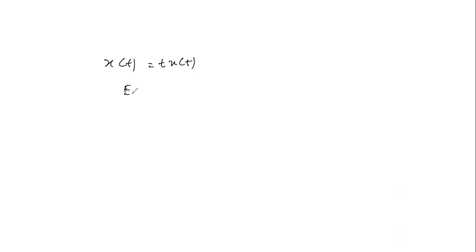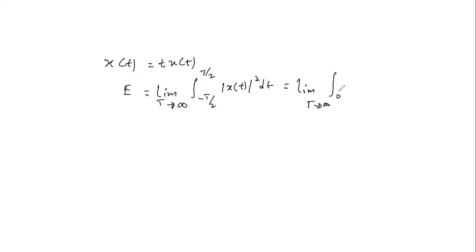Okay, so if we take the limit for the energy for T tending to infinity, integral from negative T over 2 to T over 2 of s of t squared dt, then that's going to give us an integral, because the unit step function gives us a limit of integration from 0 to infinity, so that'll be t squared dt.